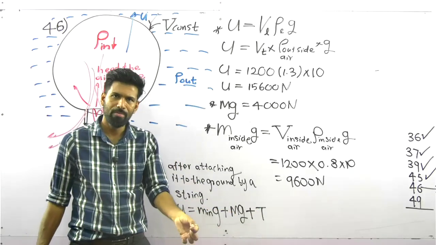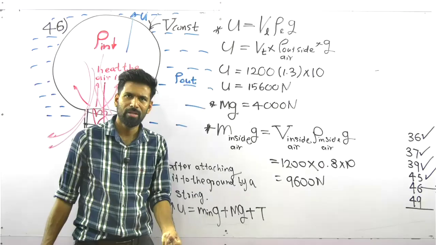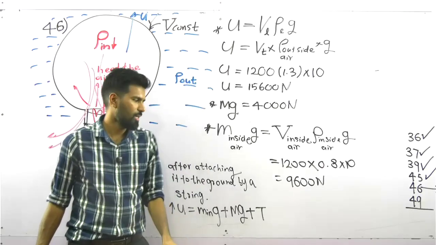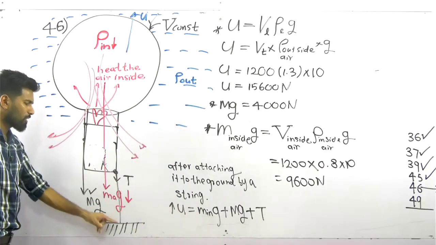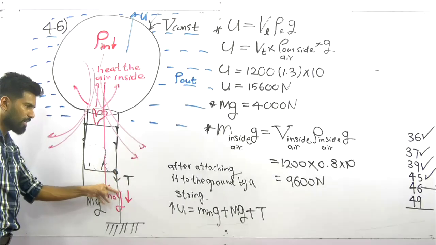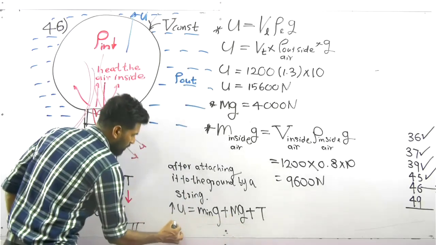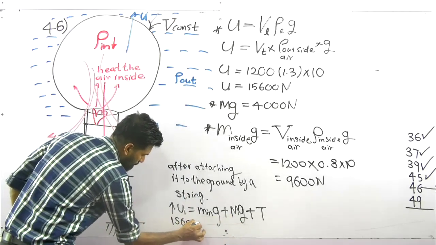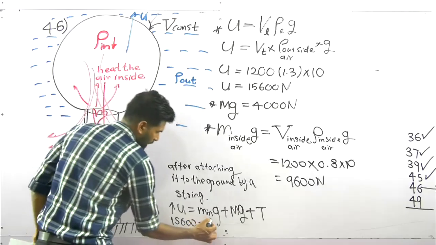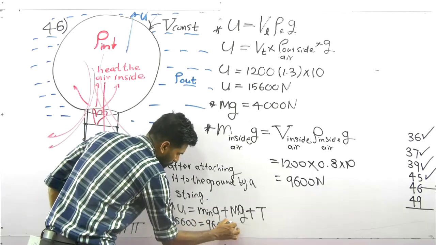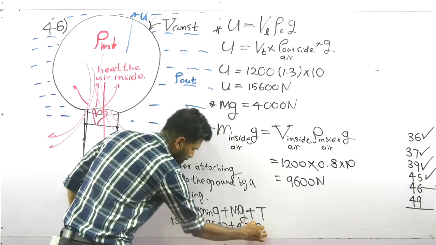Weight is downward, air weight, object weight downward, and tension attached to the ground creates a force downward and will manage the upthrust. Upthrust is equal to 15,600, air weight 9,600, object weight 4,000.